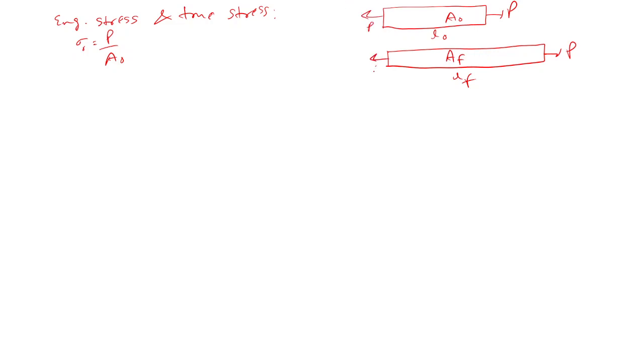Yes, sir. So engineering stress would be this, and true stress would be P by A F, right? Yes, sir. So in strength of materials we go for this only. Why? This is the question.